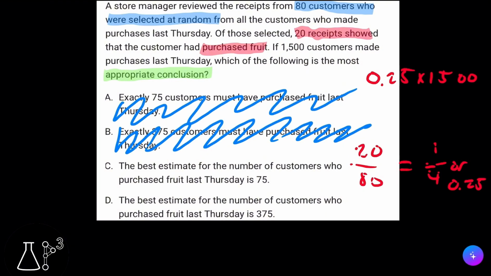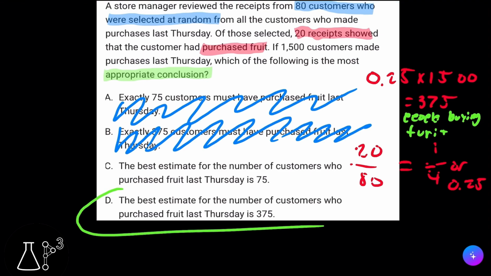If I multiply that, I'm going to get 375, and this is going to represent the number of people buying fruit. Now let's look at our answer choices. As we can see, only D represents the best estimation of how many people bought fruit, 375. C gives me 75, and that's incorrect. Therefore, my answer is going to be D.